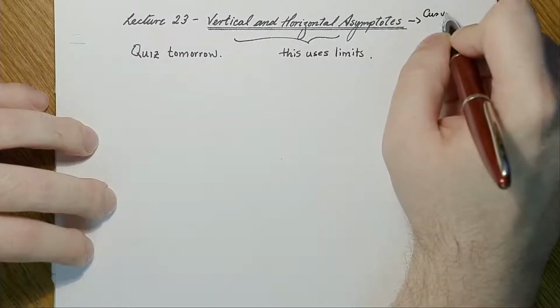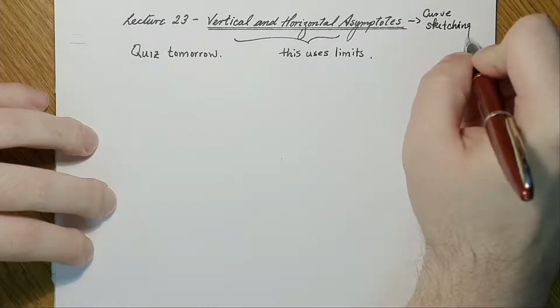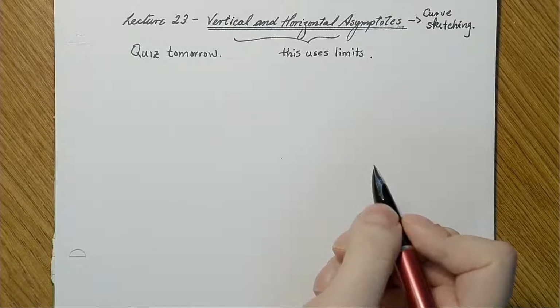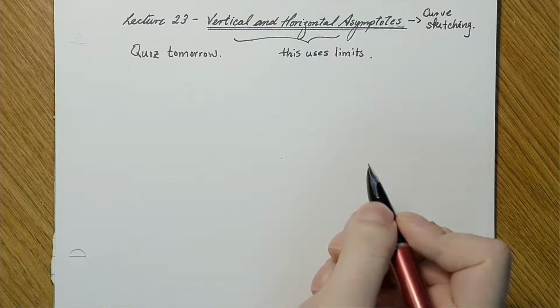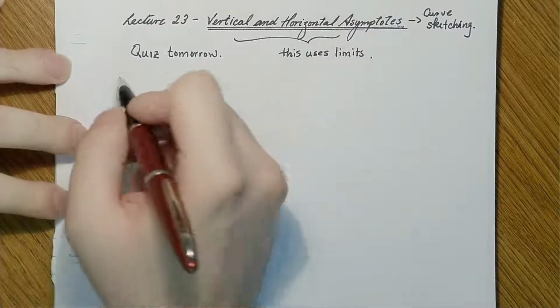So what that means is, without doing a lot of calculations like a table of values, we can actually sketch curves based on some of the facts that we can derive using calculus.